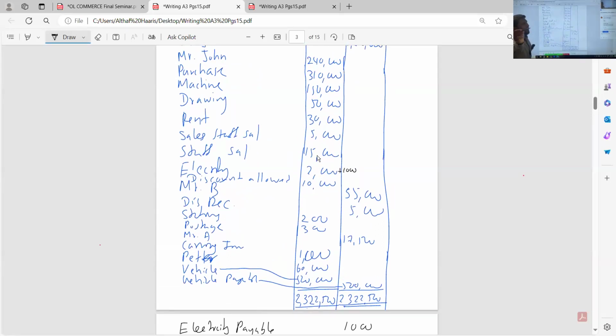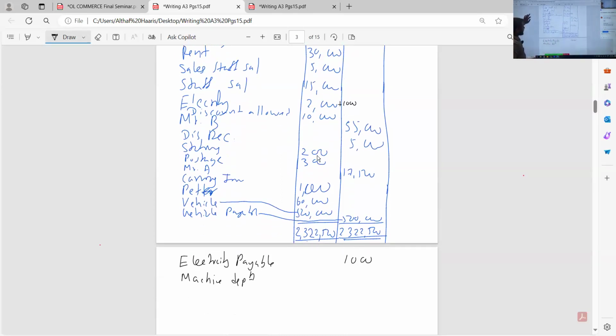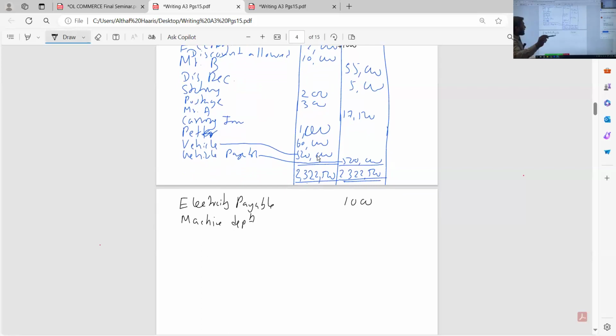Tell me the value, people. 150,000 into 10%. How much is that? 15,000. So machine depreciation debit 15,000, accumulated machine depreciation credit 15,000.